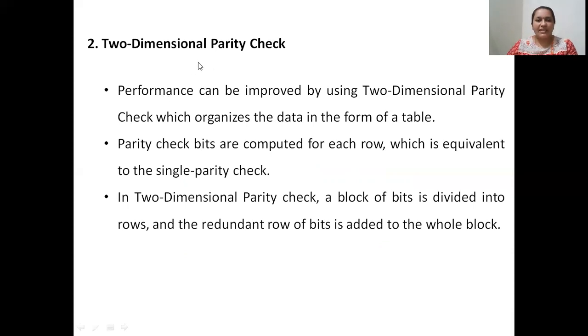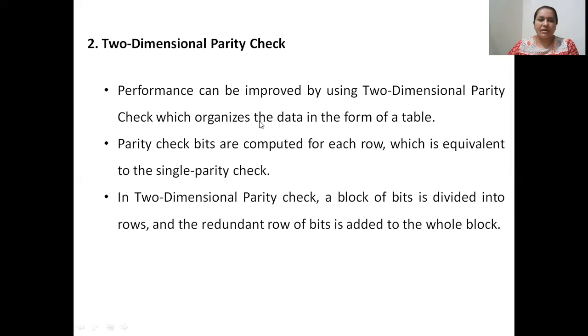Now let's move on to the second parity check, two-dimensional parity check. In case of two-dimensional parity check, a row parity and column parity bit will be used. So it arranges the data in terms of rows and columns.